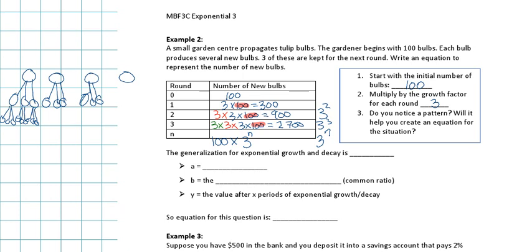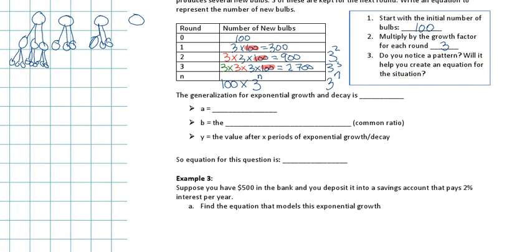So I already introduced to you this formula, which is y equals a b to the power of x, where a is the initial value, b is the decay or growth factor, and y is how much you have left after x period of time.